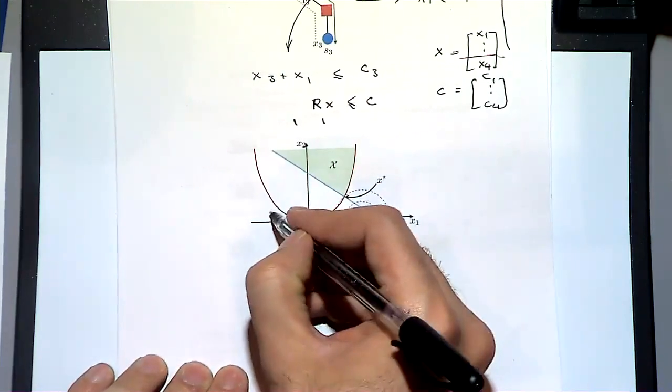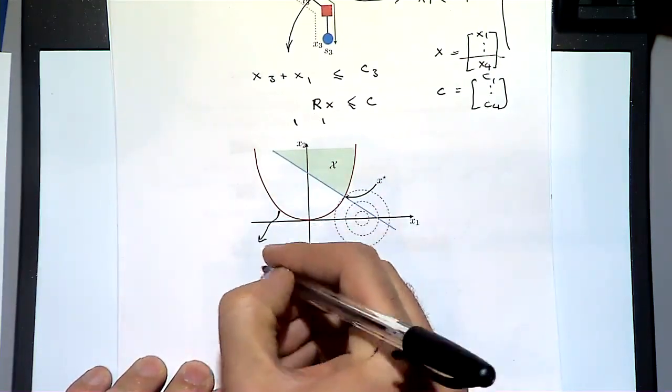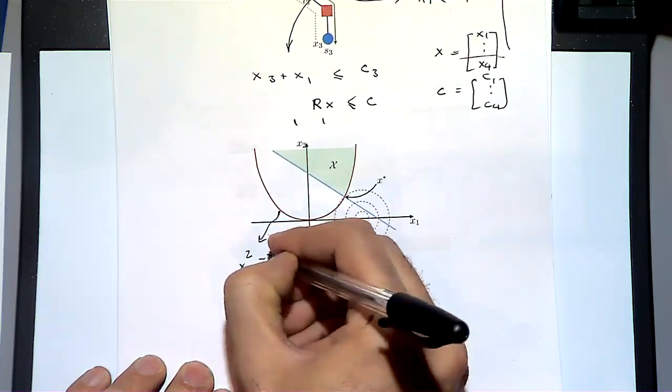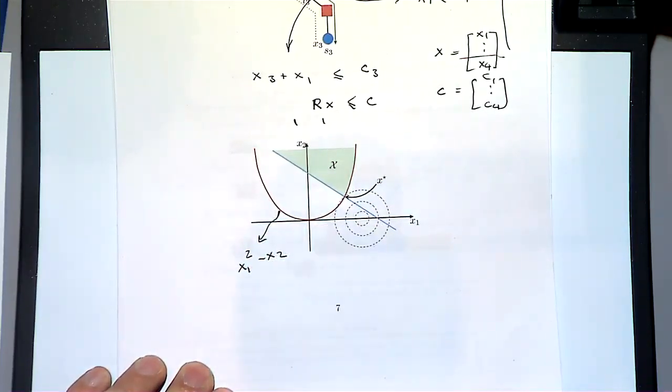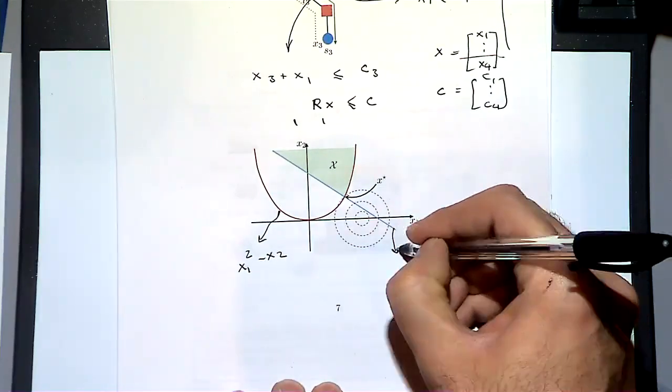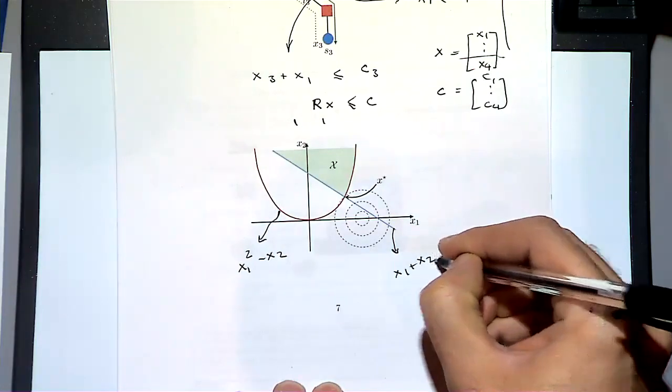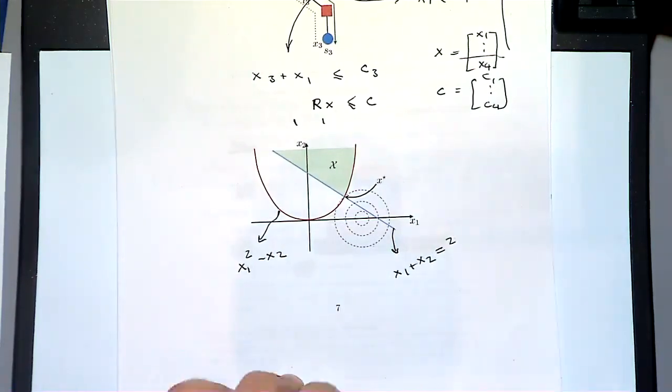So if I write it, that curve is x1 squared minus x2. And this line is x1 plus x2 equal to 2.